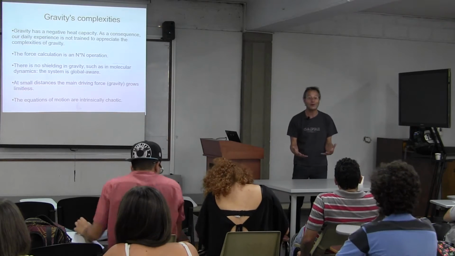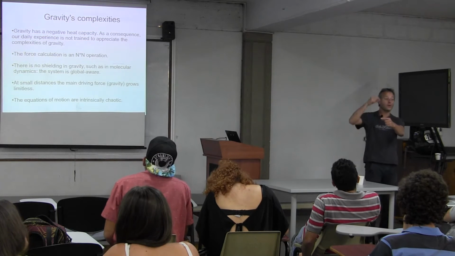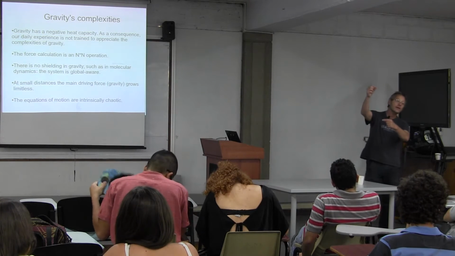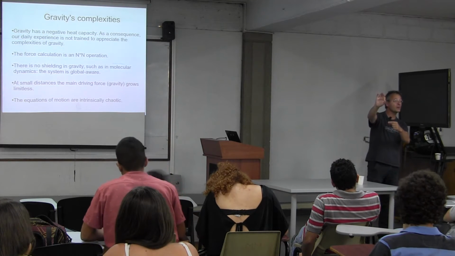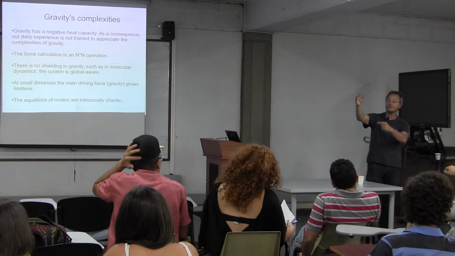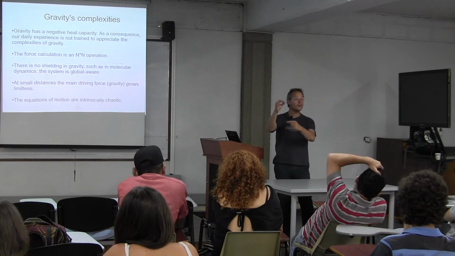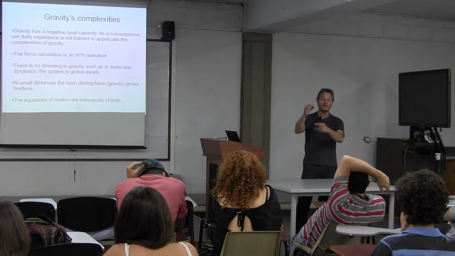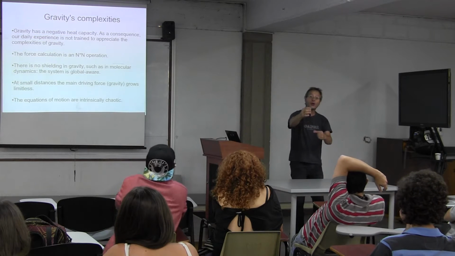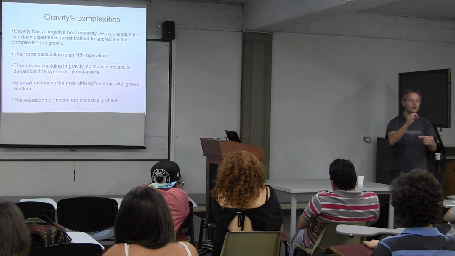So you can just do the calculation. For example, if you have a satellite in orbit around Earth, and it has a little bit of friction from the top of the atmosphere, what would happen? Think about it. It falls down. So it comes into a lower orbit. What happens to the speed of your satellite? It increases. Okay. So the satellite has friction, and the friction causes it to go faster.